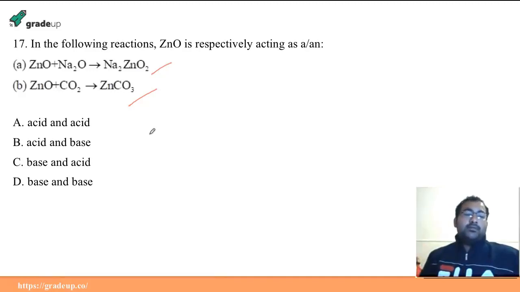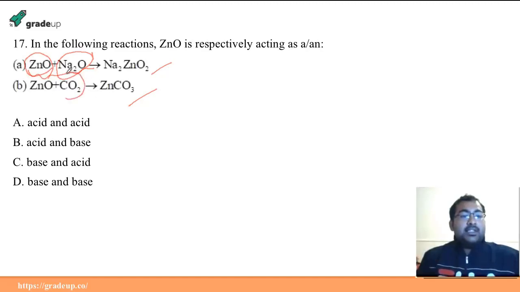What's going on? All right, either you can see the oxidation states, or you can just compare the reactions and see what's happening. In the first reaction, since this compound is acting like a base, this acts like an acid, and here CO2 acts like an acid and ZnO acts like a base, to form the subsequent compounds.